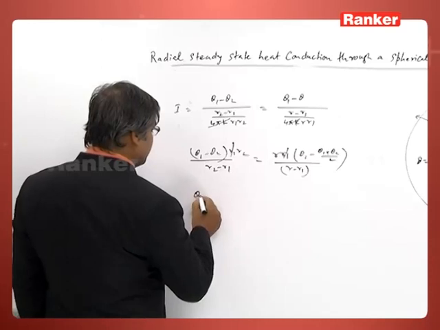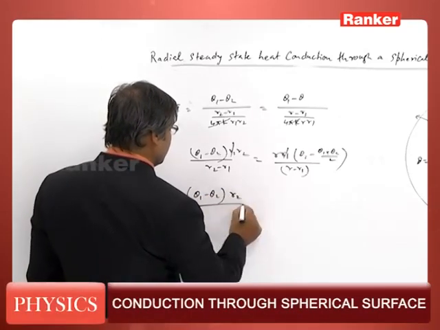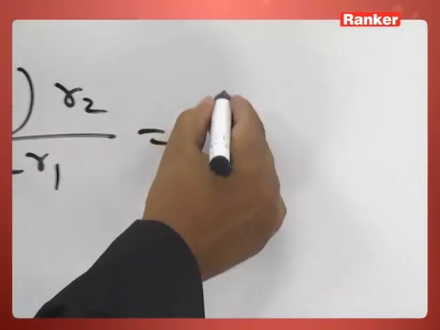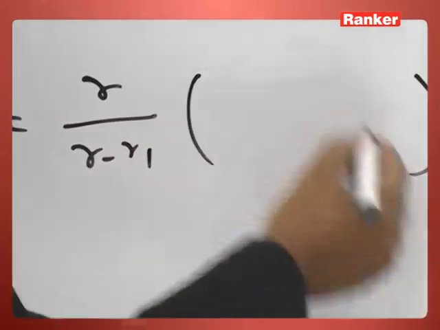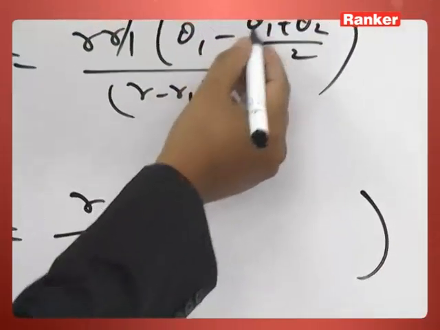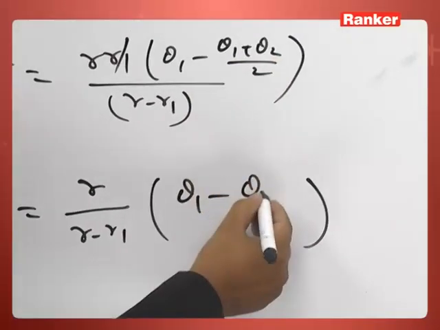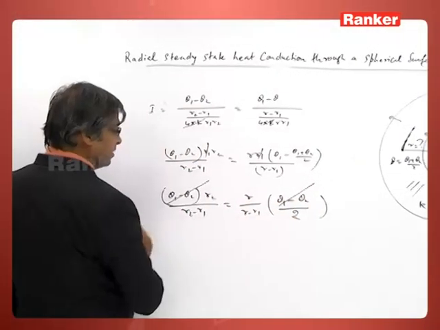Let us simplify. Theta 1 minus theta 2, we have R2 by (R2 minus R1), here only R by (R minus R1), this is 2 theta 1 minus theta 1, that is theta 1 minus theta 2 by 2. This one cancels.